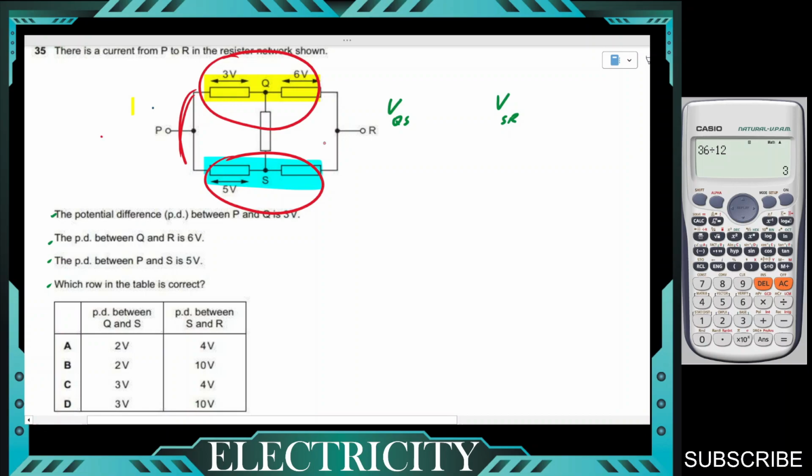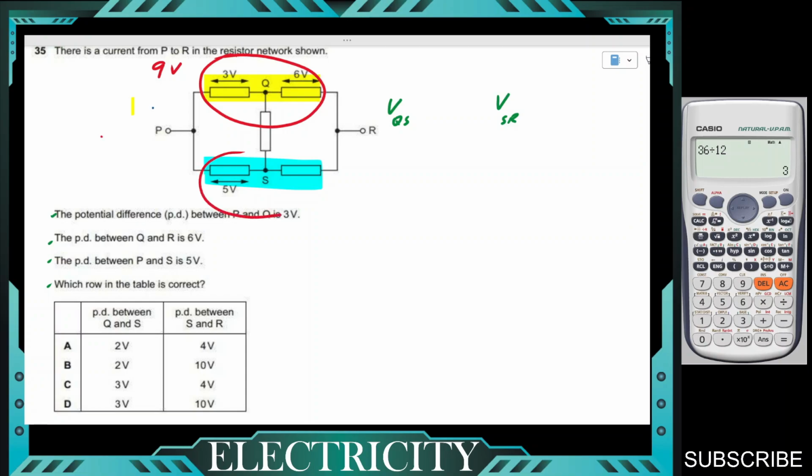Then let me ask you the question. What is the voltage across these two resistors? It is simply 3 plus 6, which is 9. So the potential difference across that unit is 9 volts.